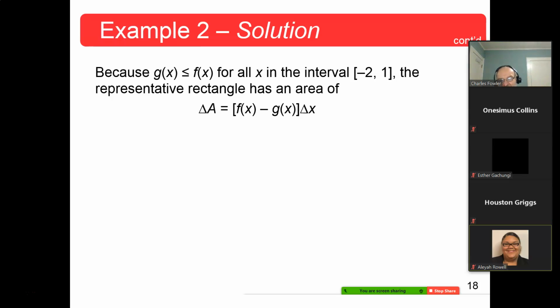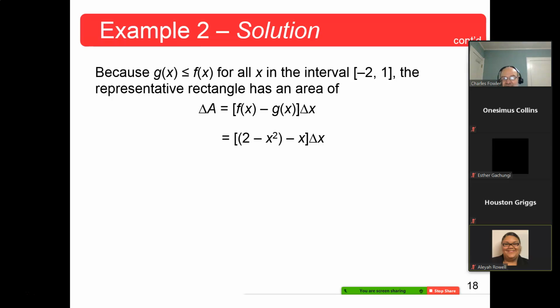Because of the graph that they did, they showed that g is always less than or equal to f on that interval from -2 to +1. So therefore we do the delta A, and if you want to go through and do this, you certainly can, would be the height of that rectangle, f minus g, and the width of it is delta x.